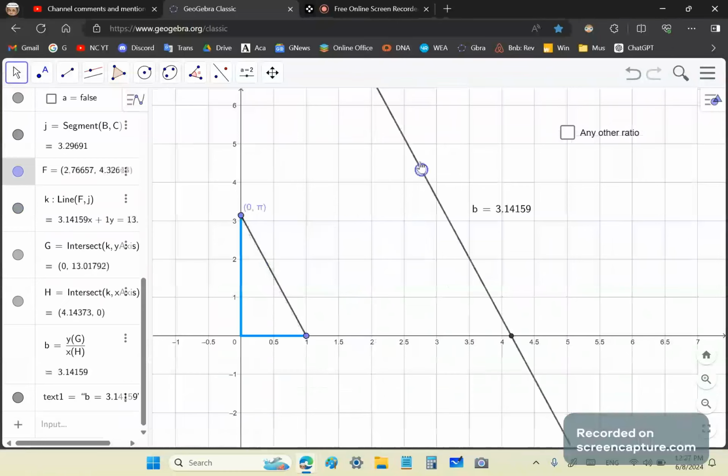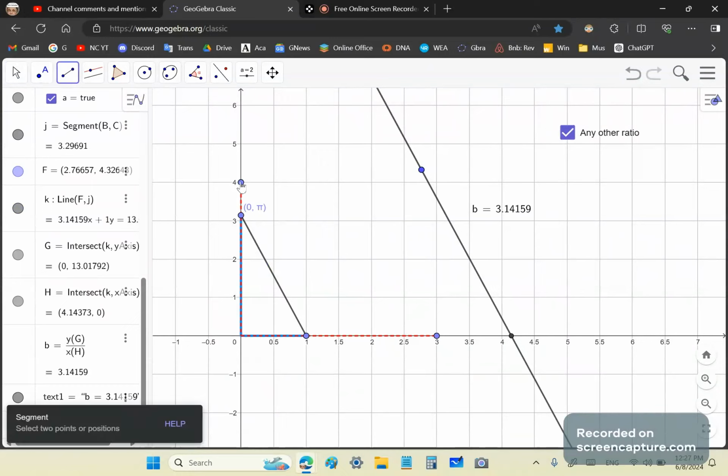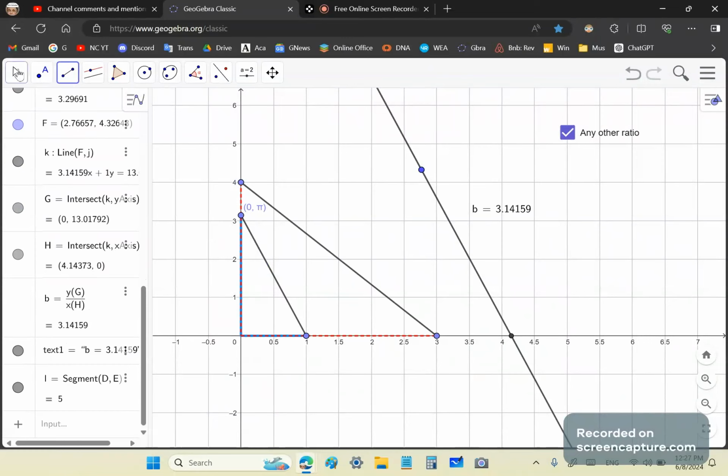Now, what about any other ratio? Let's take this ratio here. I've got a ratio of 4, 3. Can we change this consequent 4, 3, or the ratio, so that the consequent is the same as pi? Well, we actually can, and here's how we can do it. Again, we represent the ratio by closing those two points, and then we say, let's do a line parallel to this one.